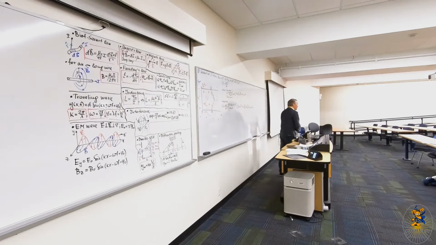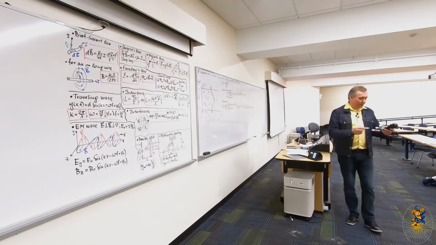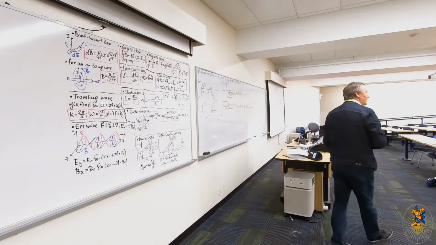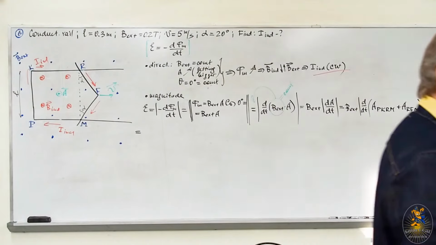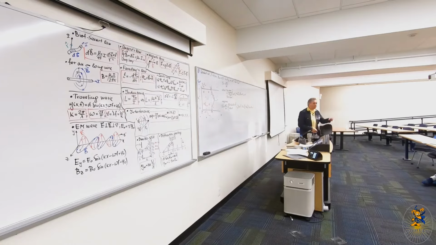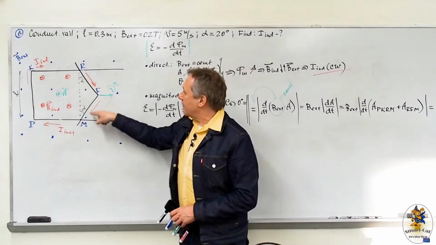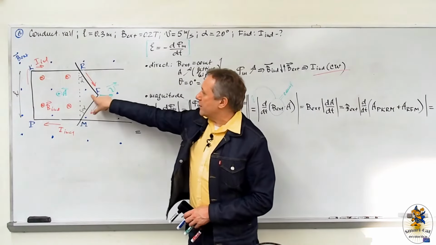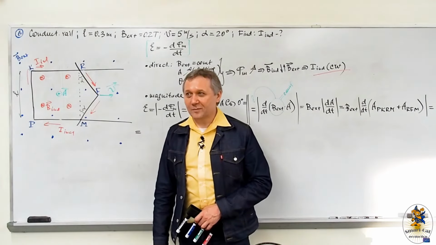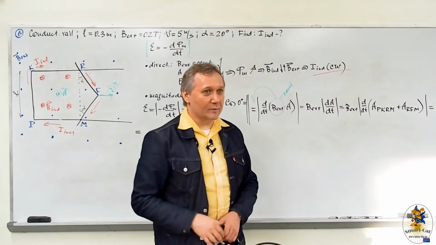If you differentiate these two areas, which area is going to survive that differentiation without being annihilated? Of course, the rectangle. What happens to the triangle? As we drag this rod that way, the area of the triangle RFM stays the same. If you differentiate a constant area, you get 0.